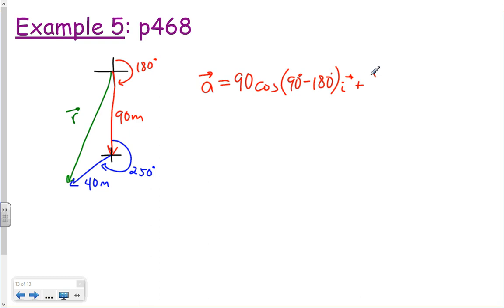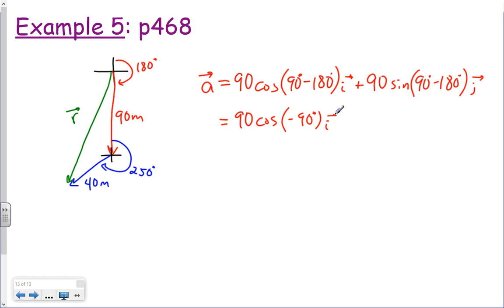And I add that to 90 times the sine of 90 minus 180 times vector j. So this is equal to, maybe I'll simplify that because I'm going to use this vector a little later on. That's a negative 90 for the direction that I've got here. And it's certainly okay to write that the first time that way as well, but I want to make sure it's clear where we're getting that number from. Negative 90 is our direction.